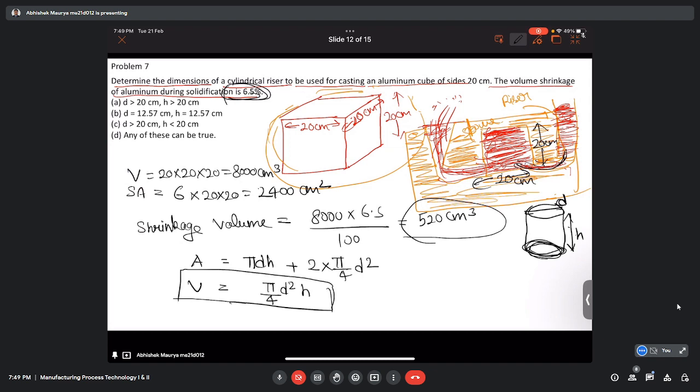Okay, and if you want to draw a relationship between height and volume, if you want to substitute the value of h in terms of volume, we can say h is equal to 4 times the volume of the riser divided by pi d square. And now this h value we will substitute here.